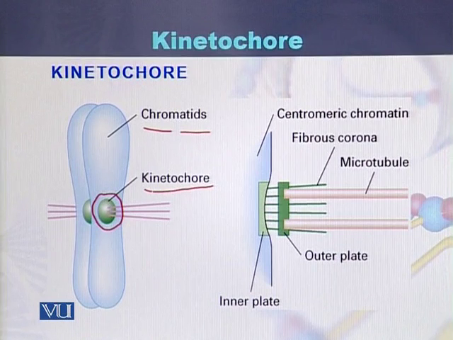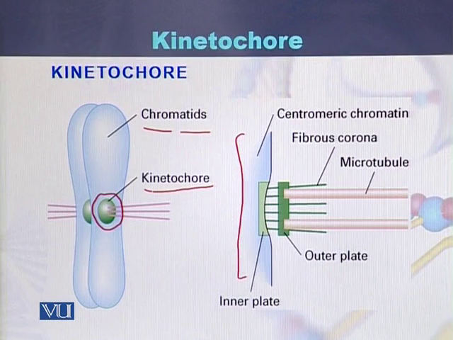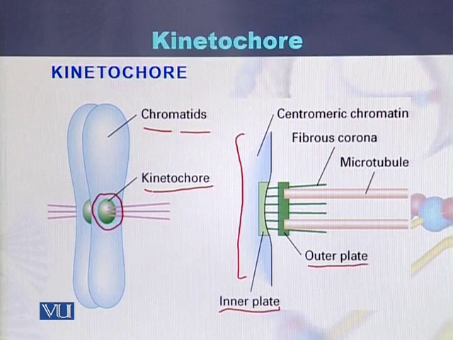On the other diagram we can see the centromere, this is the complete centromere. On the centromere there is an inner plate, while the outer plate is formed by the microtubules which are attached to the kinetochore. So there are 2 plates.